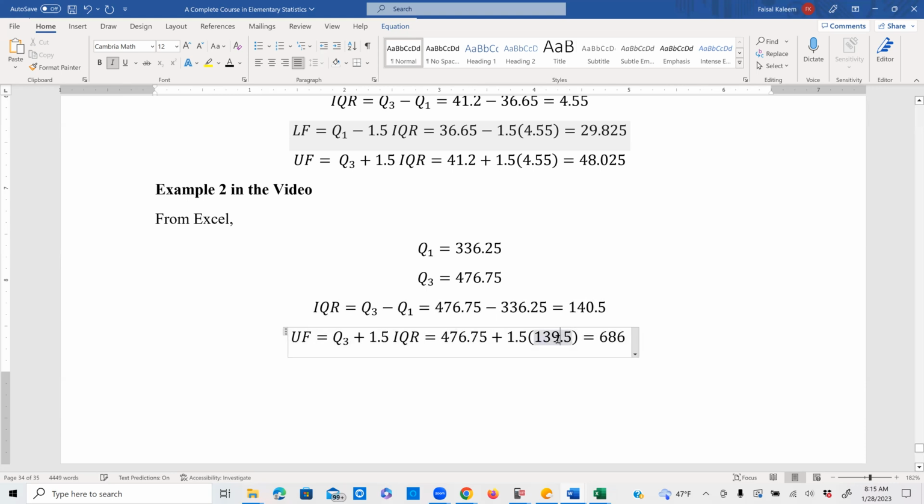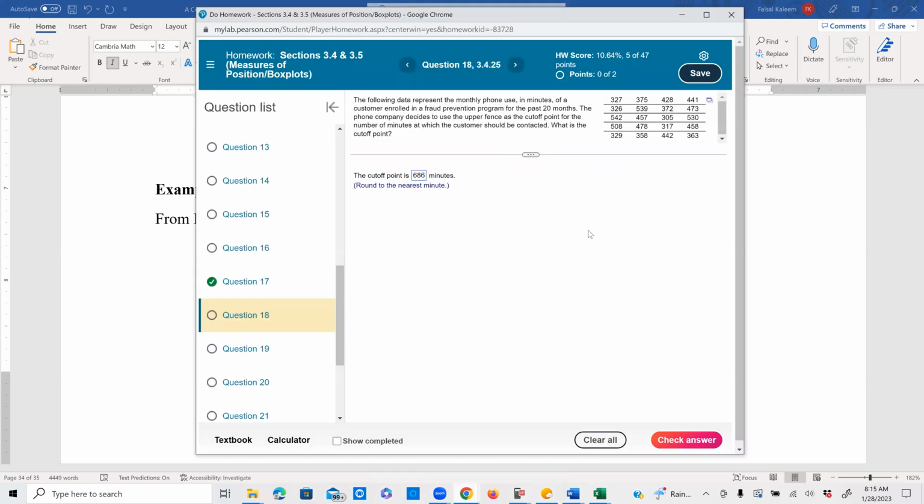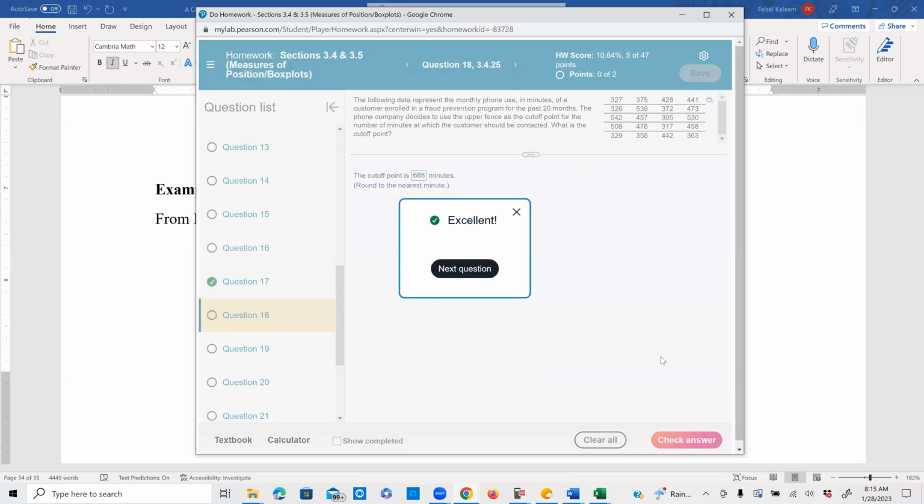This is 140.5 times 1.5 plus 476.75. That's 687.5. And they say round to the nearest minute. So to the nearest minute, it will be 688. 688. Okay.